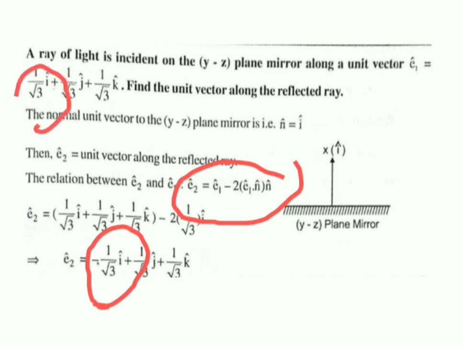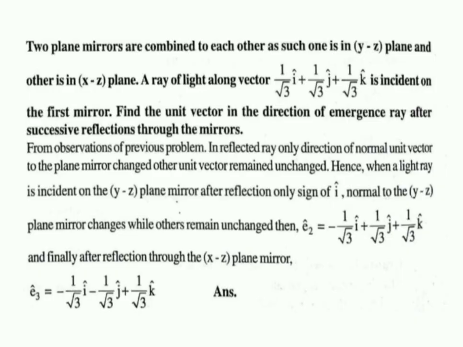See here, the component of I was 1 by root 3 in the question, whereas in the reflected ray it has become minus 1 by root 3, whereas the remaining two components are as they were. Therefore, the equation for the reflected ray is E2 equal to minus 1 by root 3 I cap plus 1 by root 3 J cap plus 1 by root 3 K cap. This is how you can get the direction of the reflected ray by making use of this relation.